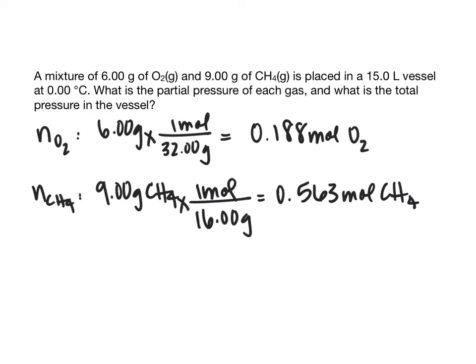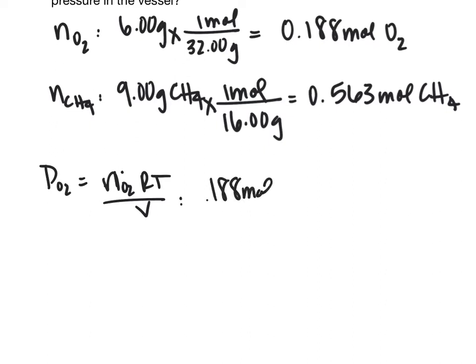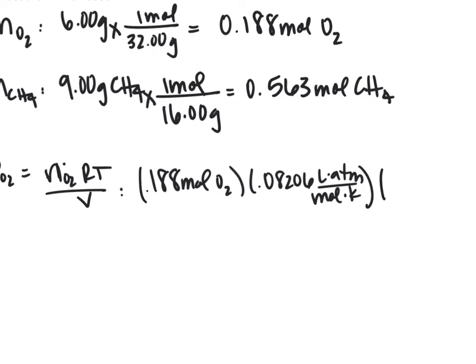So as we start to consider the pressures, we're going to solve for those independently. So we'll consider the PO2 as nO2 RT over V, which is 0.188 moles of O2 multiplied by 0.08206 liter atmospheres per mole Kelvin, at 273.15 Kelvin.